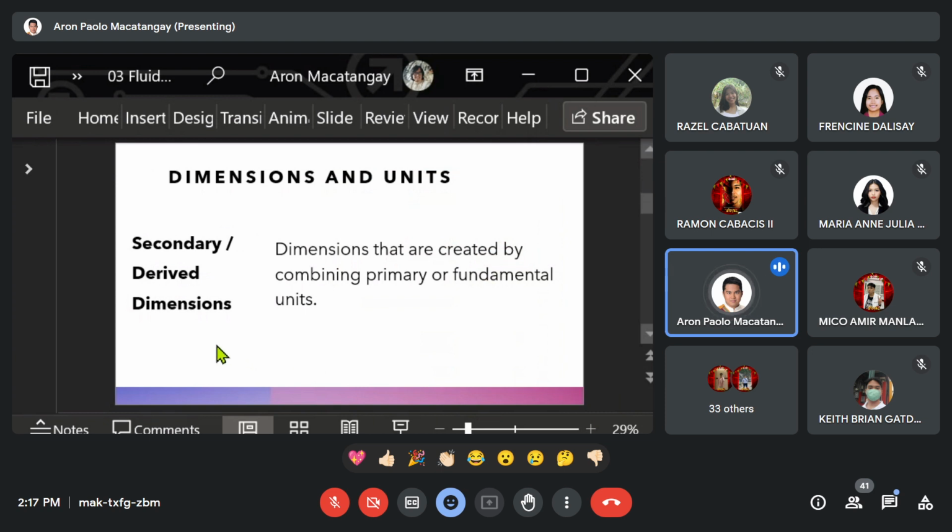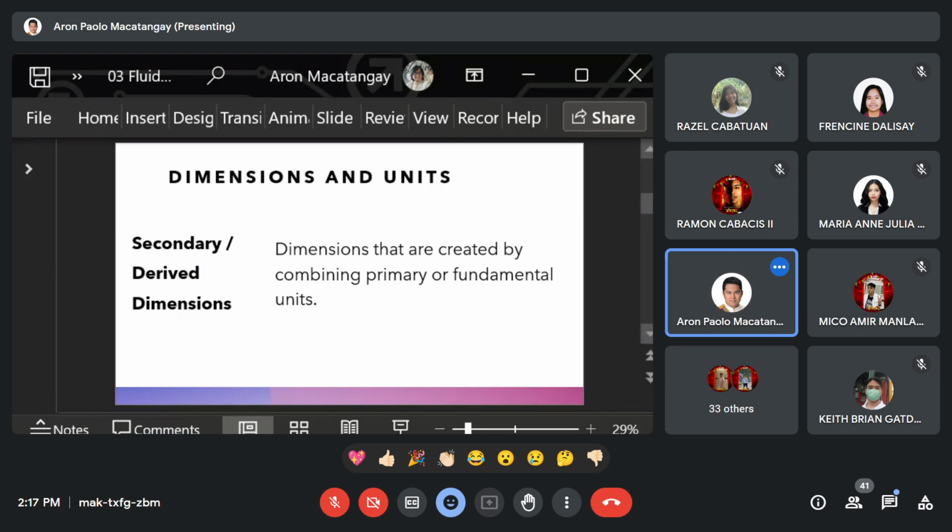Secondary dimensions, or derived dimensions, are basically everything else that uses those seven physical dimensions to describe their property. Dito papasok yung mga inaral natin na density, specific gravity, specific volume.